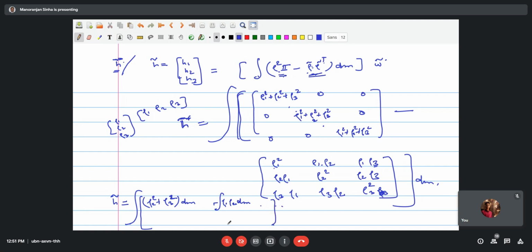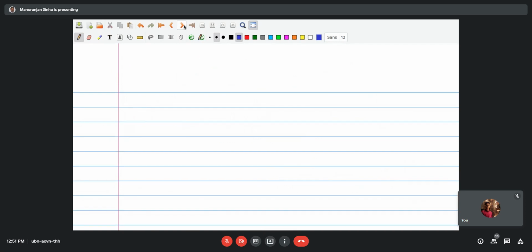So this you need to complete. So here all the diagonal terms will be in this one, so rho 1 square plus rho 3 square, and this will become rho 1 square plus rho 2 square dm, and this is also your dm. Integration over this, integration over this, integration over this. So this kind of matrix which is forming, let us go on the next page where this is looking like that.